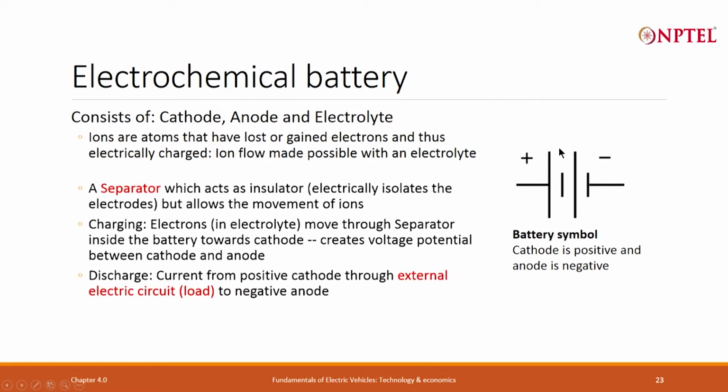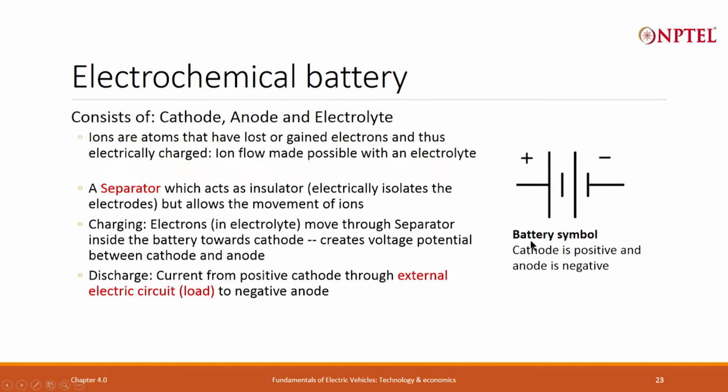So, there is a separator which separates out the positively charged cathode and negatively charged anode. In charging, electrons move through the separator inside the battery to the cathode, and then it gets positively charged.